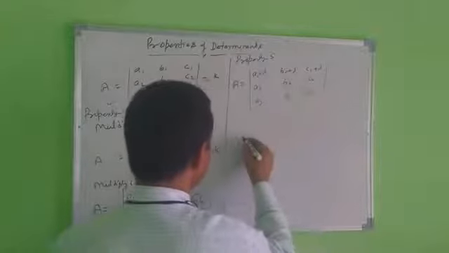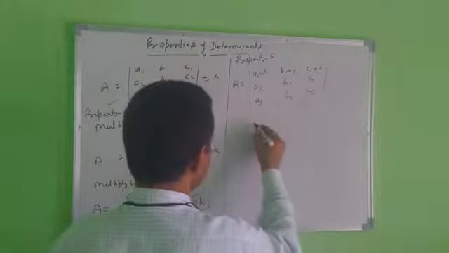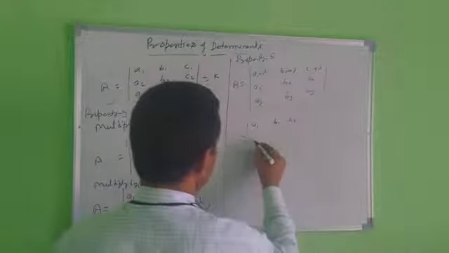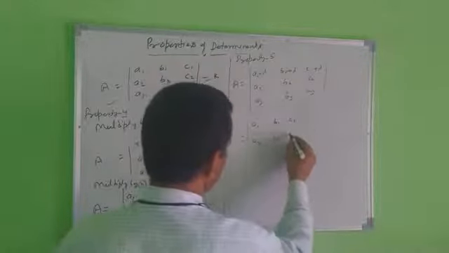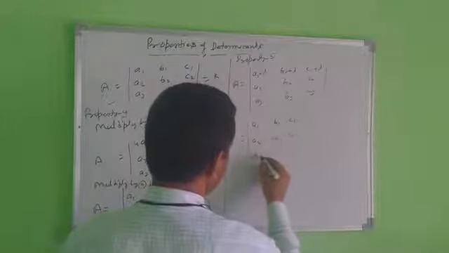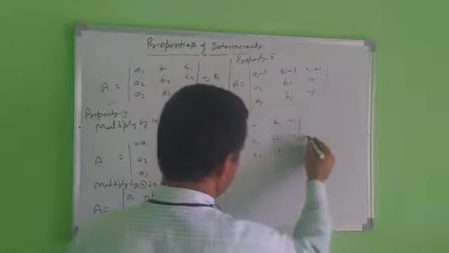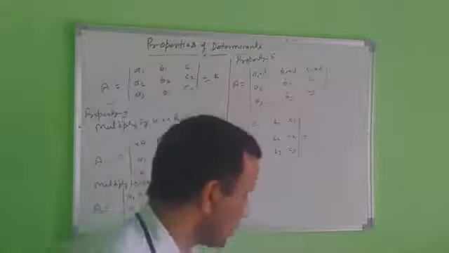So you can write this determinant in this form: a1, b1, c1, a2, b2, c2, a3, b3, c3, plus another determinant.